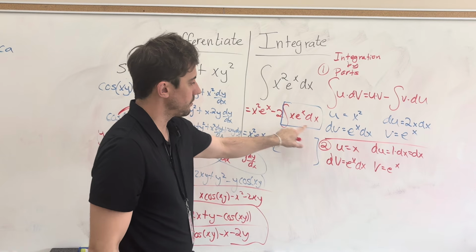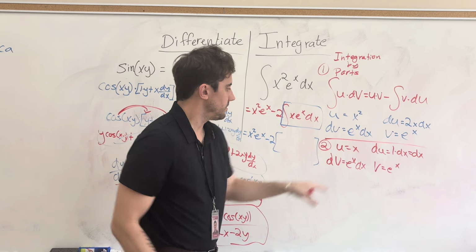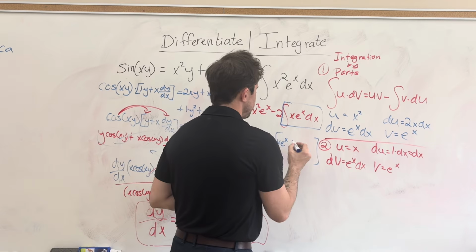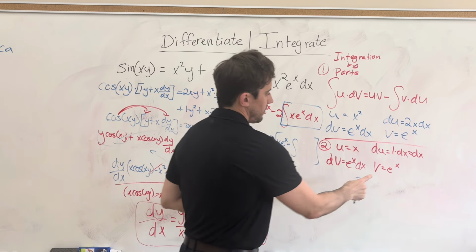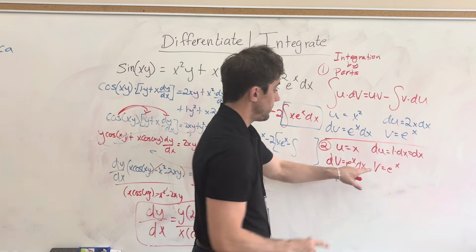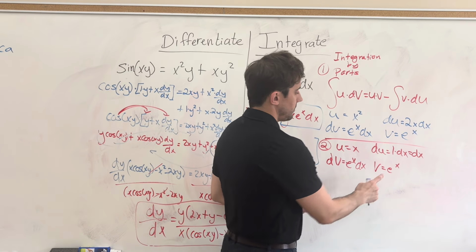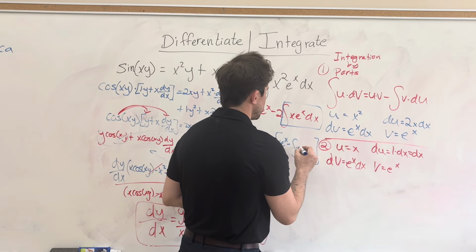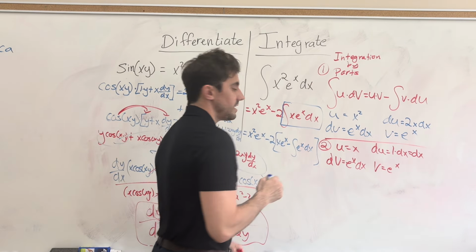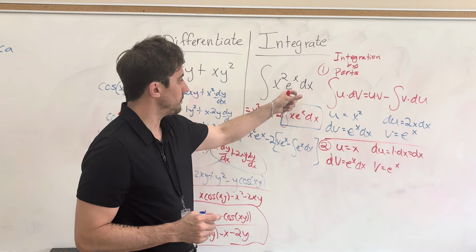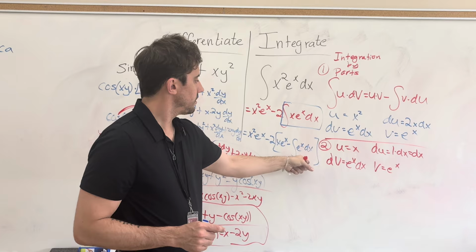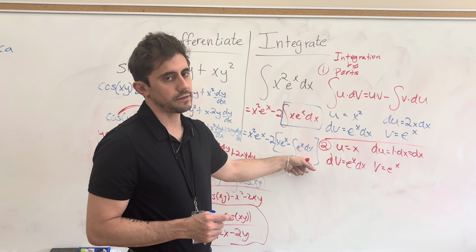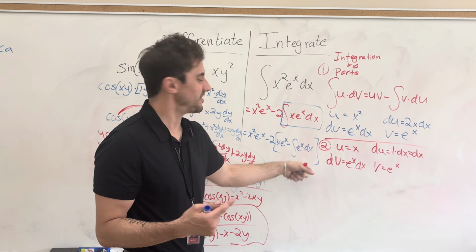And so this new integral is going to go uv, so x times e to the x, minus the integral of v du. This time, however, v is just e to the x and du is just dx, so that's e to the x dx. And now we've dwindled things down to simply having to evaluate this integral, which I hope you guys know how to do.